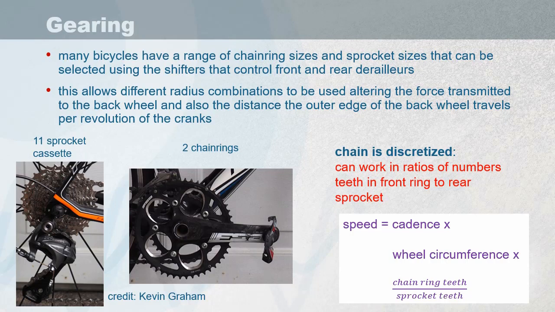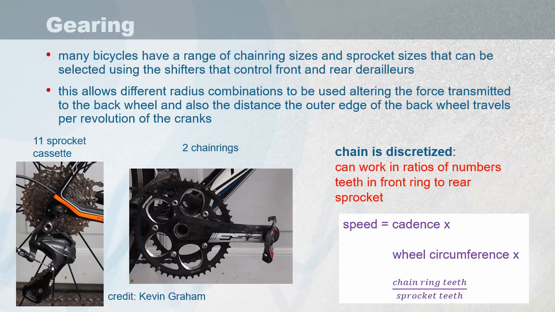And this allows the rider to have different combinations of the size of the front chainring coupled to the back sprocket on the back wheel. And what this means in one sense is that the relationship between the force that your feet are applying to the pedals and the force then transmitted by the back wheel to the road will vary, depending on the ratio of selected sprocket and chainring.